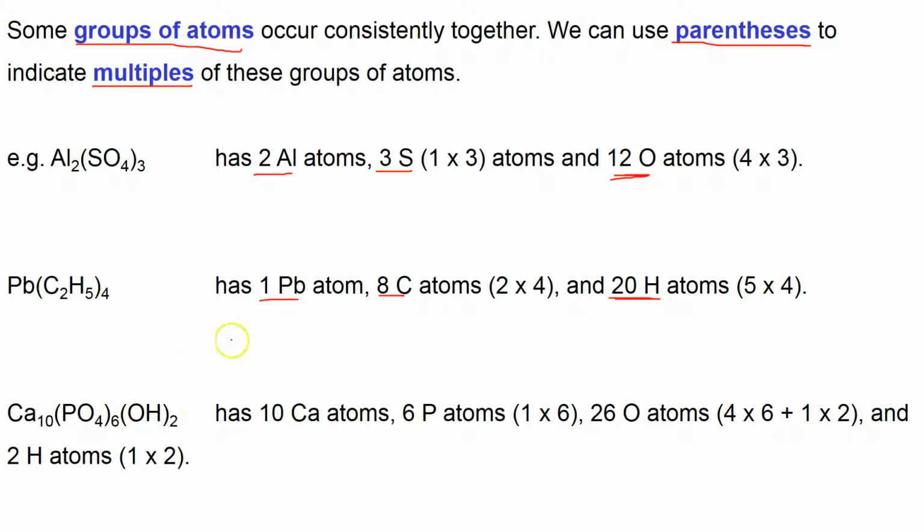This one's a little more complex again because we have oxygen appearing in multiple places, but in this formula we have 10 calcium atoms, then we have 4 times 6 plus 2 times 1 oxygen atoms, so that's 24 plus another 2, that's 26 oxygen atoms. And then we've got 2 times 1, 2 hydrogen atoms, and we've also got 6 times 1, that gives me 6 phosphorus atoms.